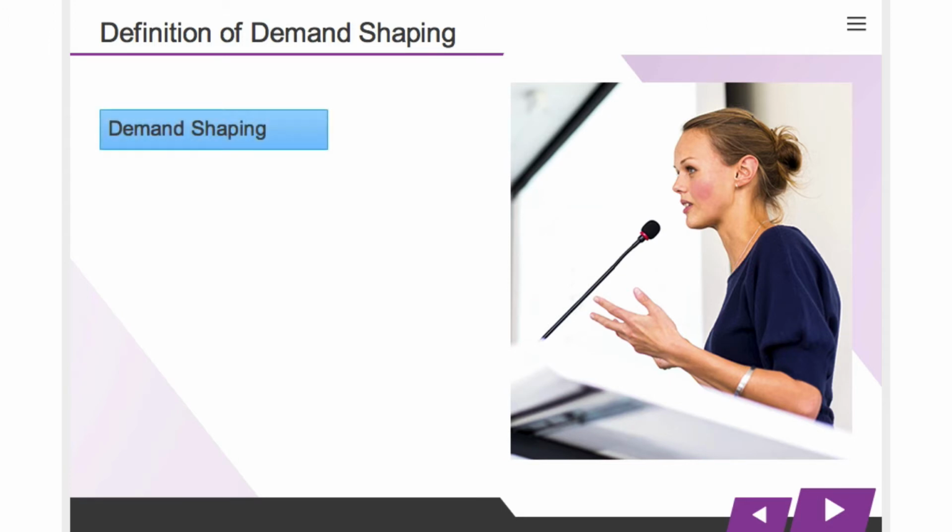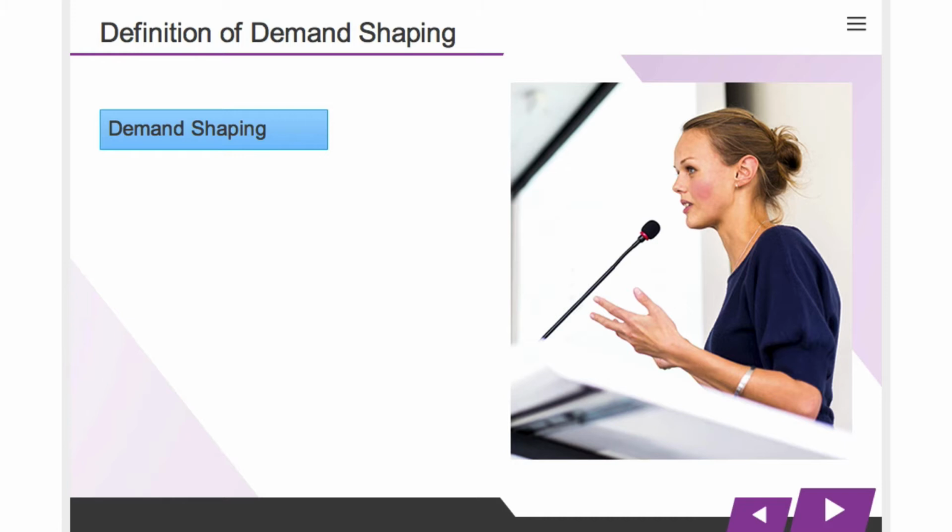Our next topic is demand shaping. This is often known as demand management, but I'll use the name chosen by the Business Relationship Management Institute. You'll remember that demand shaping is a core discipline of business relationship management, one of the 4 pillars of the House of BRM.